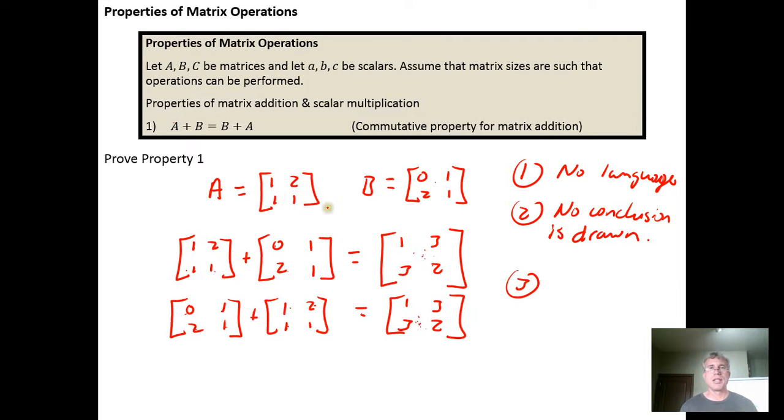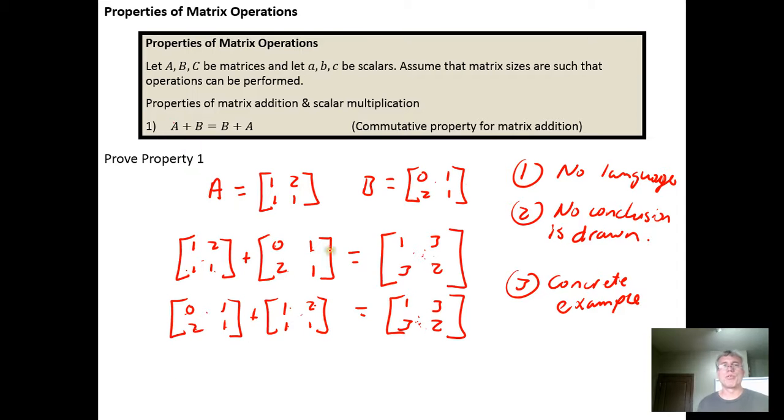3, this is a concrete example. So this example doesn't prove that matrix addition is commutative. This would demonstrate or prove that these two matrices are commutative under the operation of addition. But there are infinitely many matrices that can be constructed, and if they're the same size, they can be added to each other.